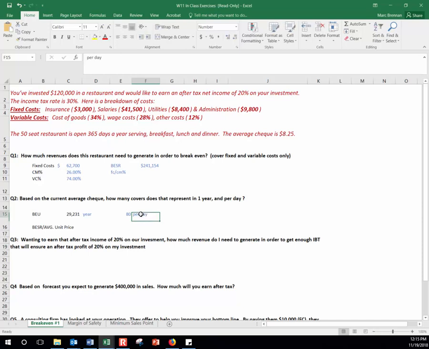So we need to have 29,231 covers for the year, or if we break it down, 80 per day just to break even at this average check. So I would be keeping track on a daily basis, and hopefully I've got enough covers and enough of an average check to make sure that I break even every day. If I don't, then I start to be concerned because I know I'm losing money.